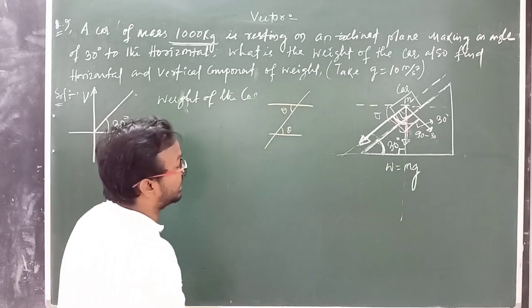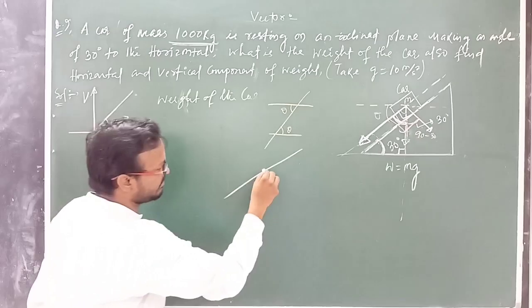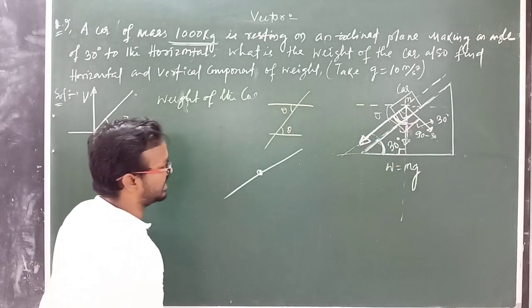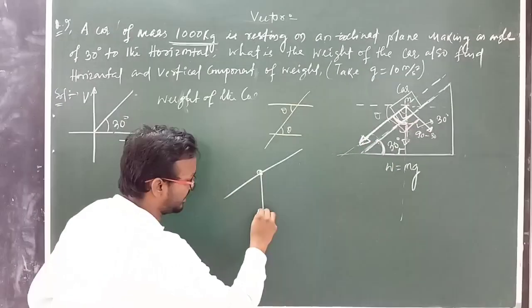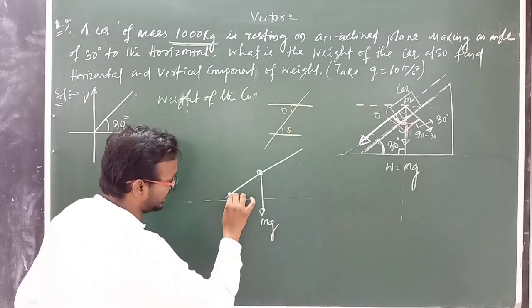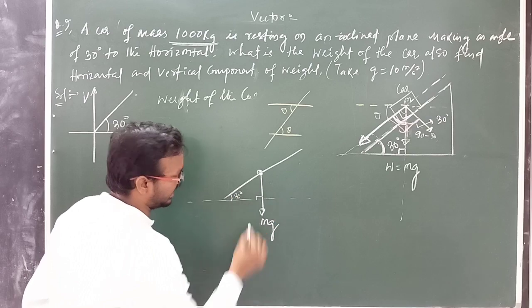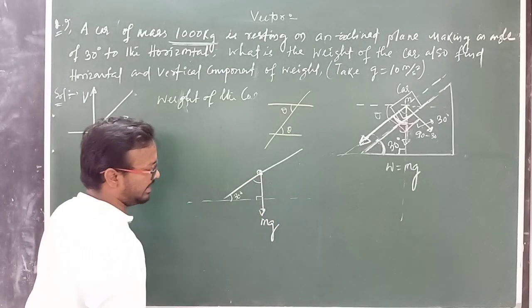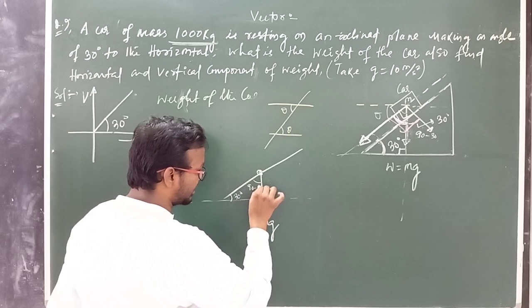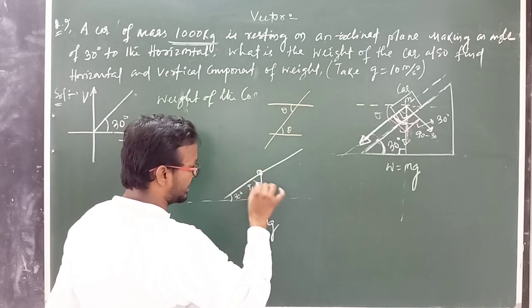So if we make another diagram, suppose this body or car is placed here in resting position, and this is mg, and this angle is theta, here 30 degree, and this angle is 90, so this angle is 90 minus theta.